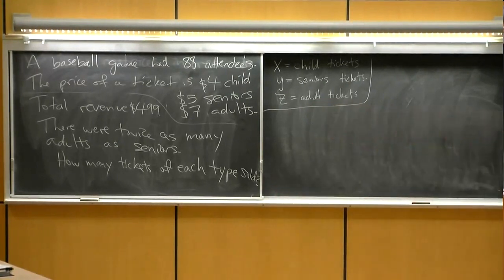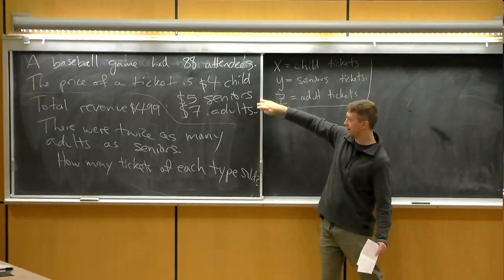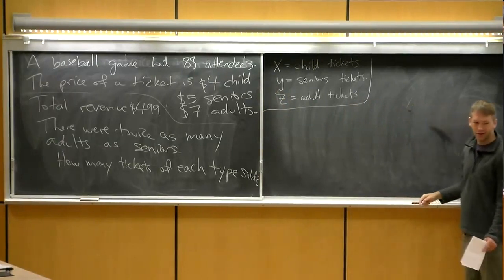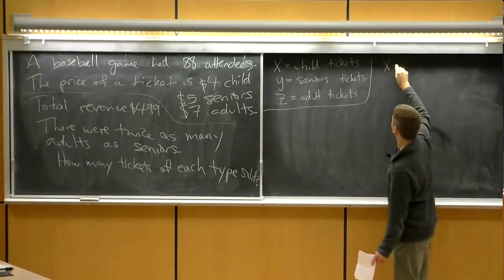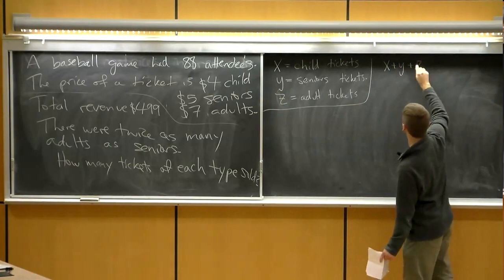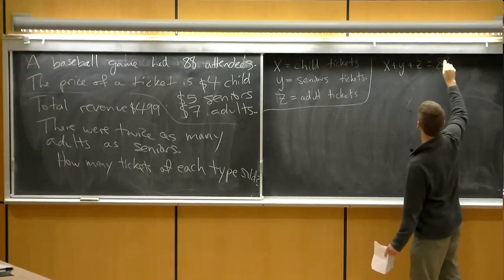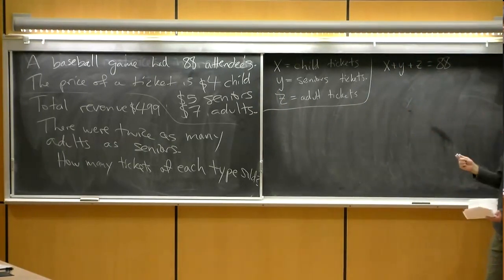Does anyone have another thought? Number of each ticket, yeah, but the ticket prices are here. Right, because the number of total attendees is 88, the number of all the 3 types.